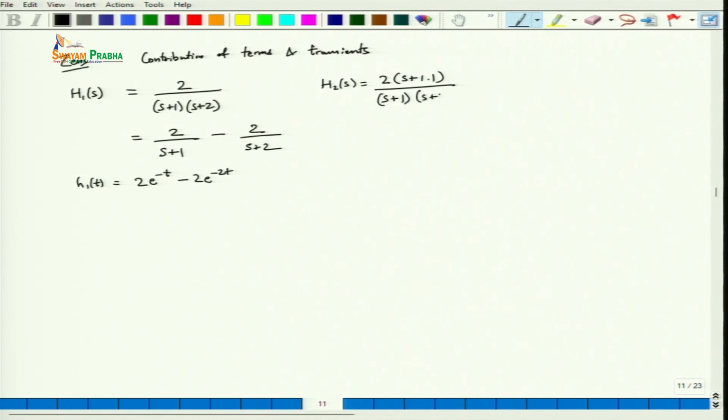Now, I will keep the poles at the same location, but add a zero. Now, since I am adding a zero here at minus 1.1, the DC gain will change.